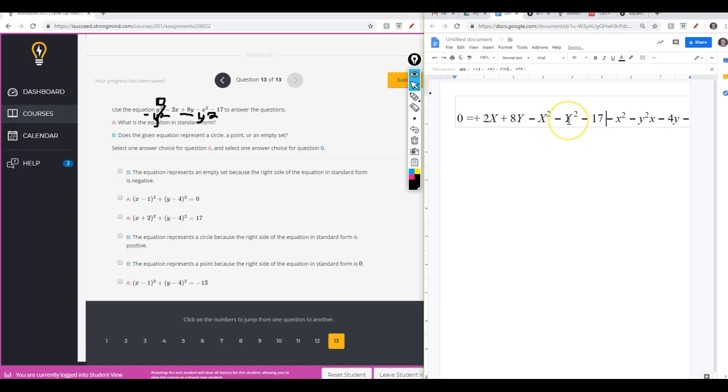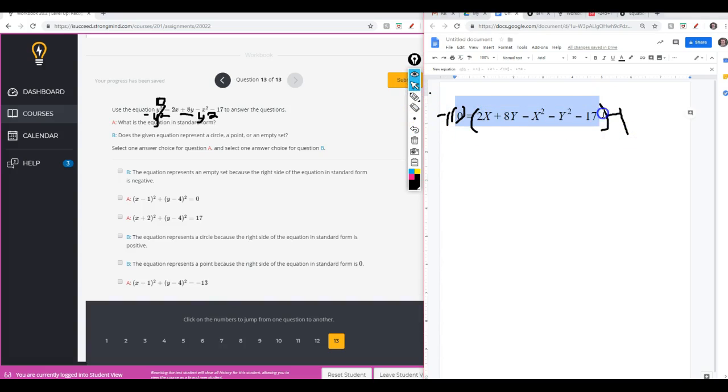Okay. So now I would just reorder this. Notice that these are negative x squared and negative y squared, so the very first thing I would do is multiply both sides by -1 to make those positive.